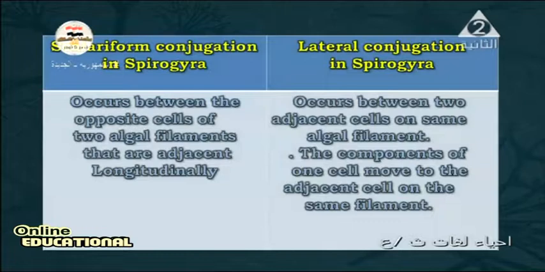Okay, there are two types, scalariform conjugation and lateral conjugation. Scalariform occurs between the opposite cells of two algal filaments that are adjacent longitudinally, while lateral conjugation occurs between two adjacent cells on the same algal filament. The component of one cell moves to the adjacent cell on the same filament.